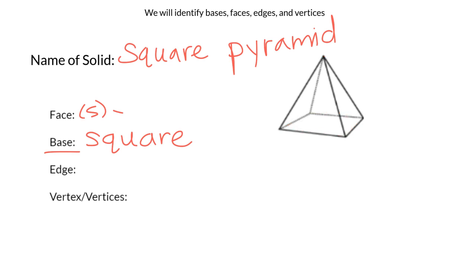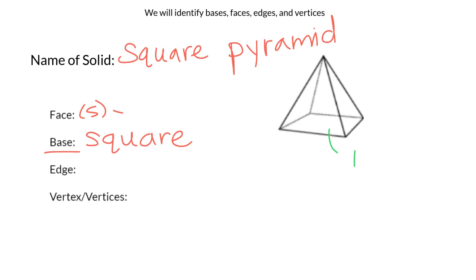Now after that, we're going to count the number of faces. I know that my base shape is a square, so I will count that as 1. One of the things that you will start to get used to doing as we go through this unit is thinking about, hey, what do I know about squares? Well, I know that a square has 4 sides, or a rectangle has 4 sides.